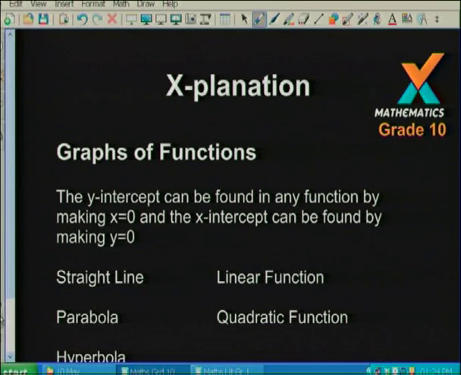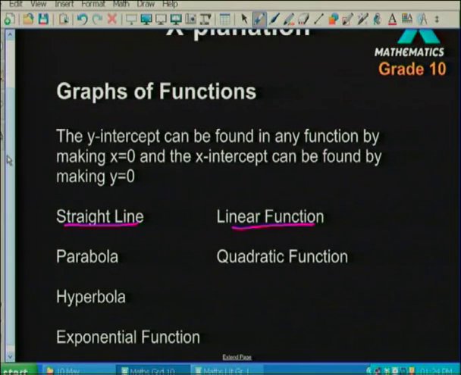Right, so as I said to you guys earlier on, we're going to sketch straight lines, parabolas, hyperbolas, and quadratic equations, which are the parabolas. So straight line, which is a linear function, and parabolas, which is a quadratic function. Now, it's very, very important to remember that if you are looking for the place where your graph intersects the x-axis, you will make y equal to 0.